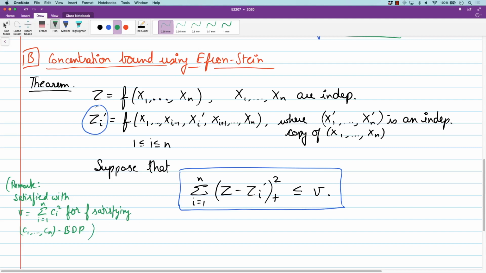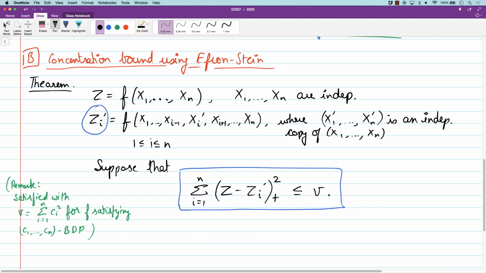Okay, so if f satisfies the C1 to Cn bounded difference property, then this assumption here holds with v equal to summation ci squared. This is essentially equivalent to this bound, nothing more. It's not more general or less general. Okay. So we just keep it in this compact way, and this will help us later on as well. We'll use this compact notation here to summarize this bounded difference property.